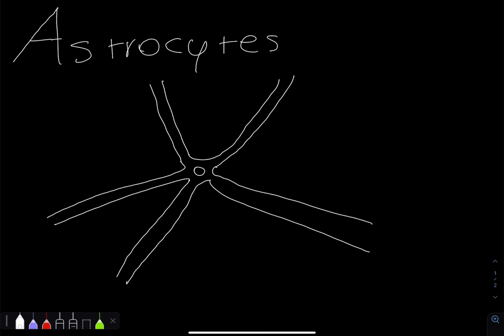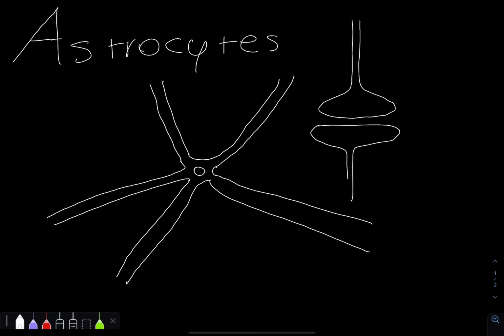So you can have a synapse between two neurons, a little space where two neurons communicate. So this is one neuron and this is another neuron synapsing with each other. And then you can have a little astrocyte. So we'll draw the astrocyte in purple just to demonstrate that it's an astrocyte, right? An astrocyte also extending into this synaptic space, and what this neuron can do, let's say this is the presynaptic one.